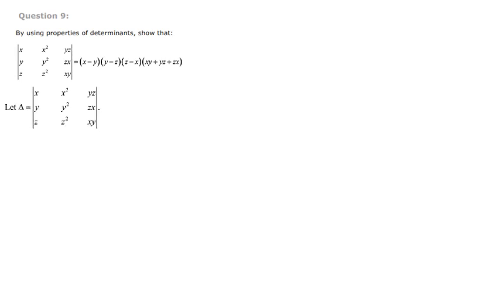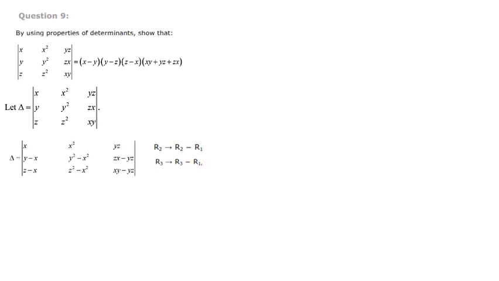As before, let us take this as delta, that is equal to the left side determinant x, x square, yz, y, y square, zx, z, z square, xy. So go for the operation. R2 changes to R2 minus R1 and R3 changes to R3 minus R1.